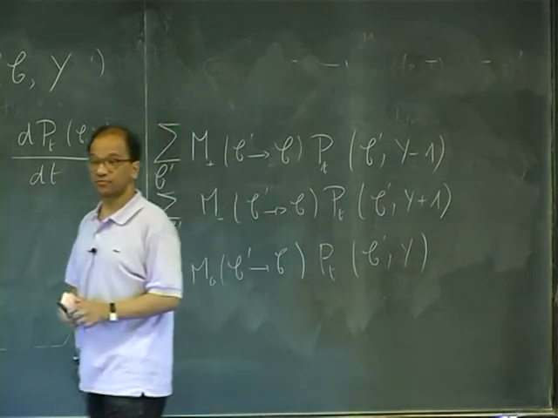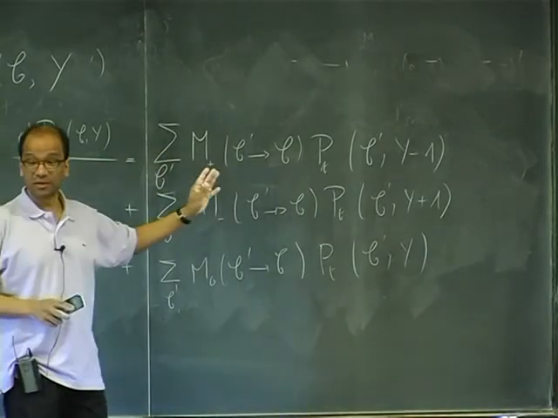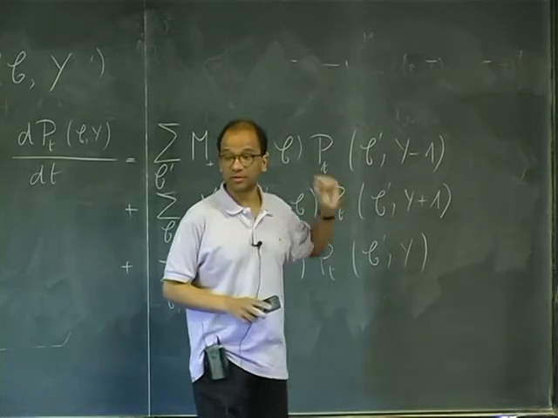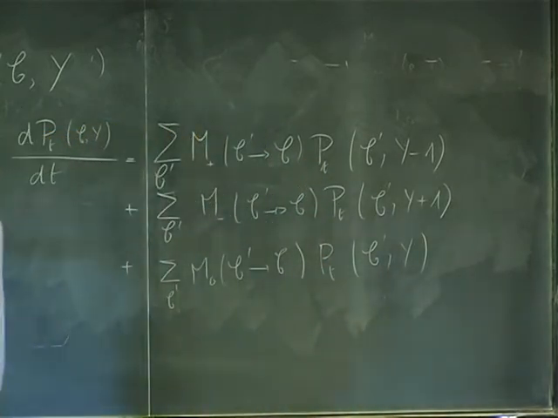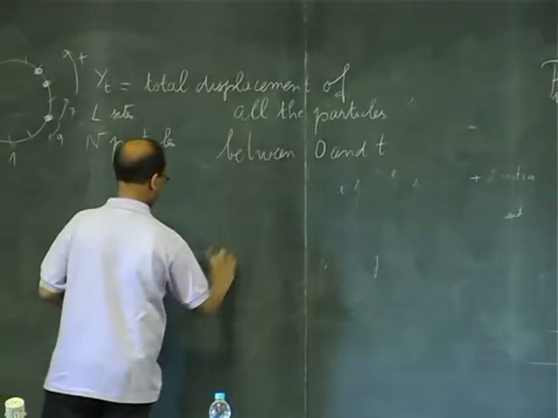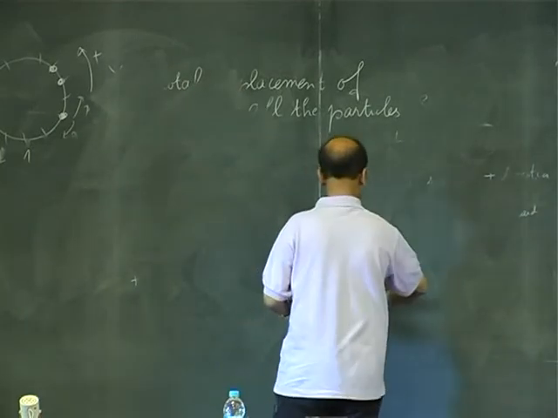Well, the idea is to Fourier transform or Laplace transform with respect to y. Because you have translation with respect to y, and if you Fourier or Laplace transform, you will just get some factors. So the idea, which is quite natural if you think about it, is to define an intermediate quantity.